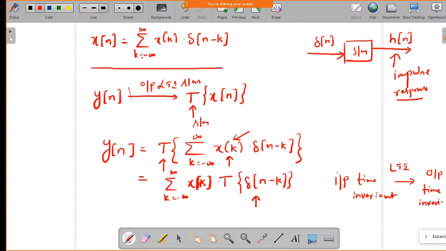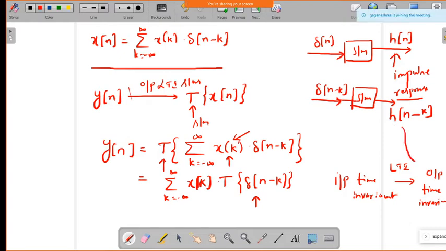Now if I give something like delta of n minus k to the system, what is the impulse response? The output is also a time shifted impulse response, right? If I shift the input, the output is also shifted. Why? Because it is a property of the system, which is time invariant.